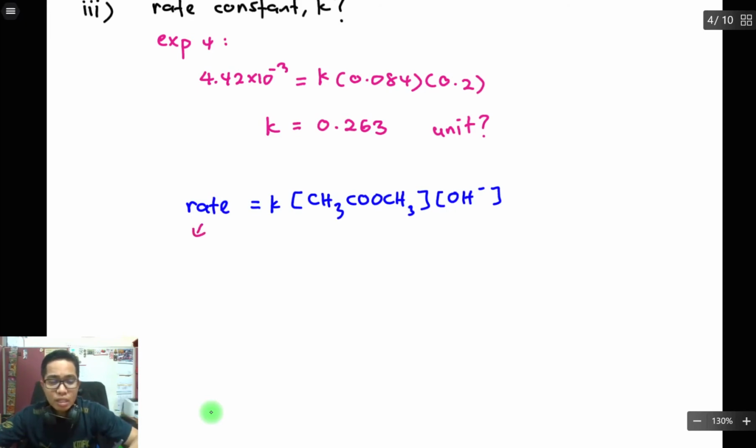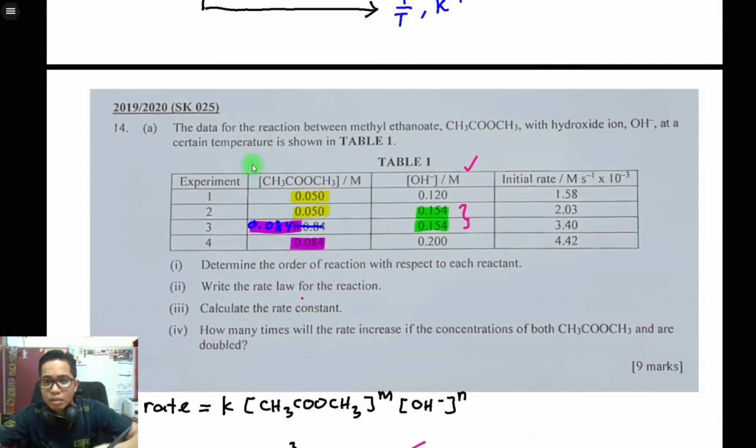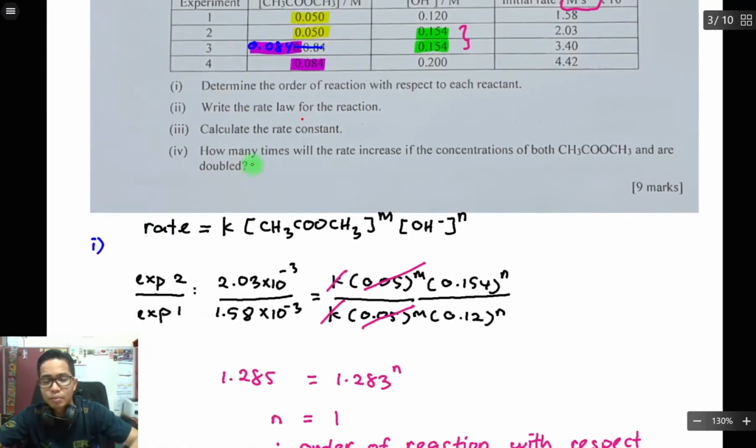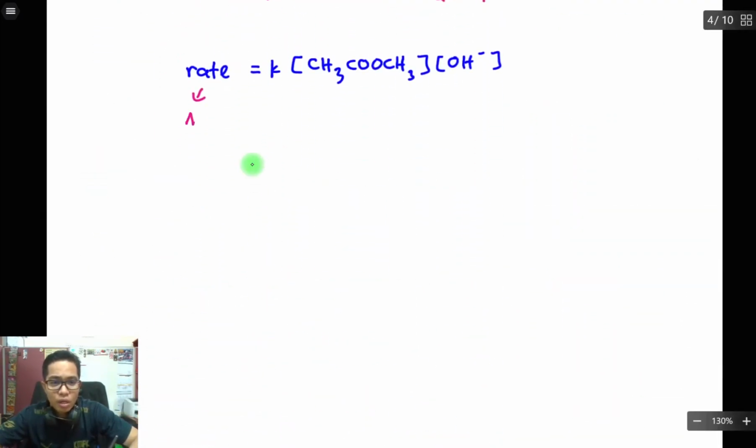Unit for rate given in the table. Okay, we look at the table again. In the table, rate given as molarity per second. Okay. So this is molarity s minus 1. K yang kita nak cari punya nilai. Okay.